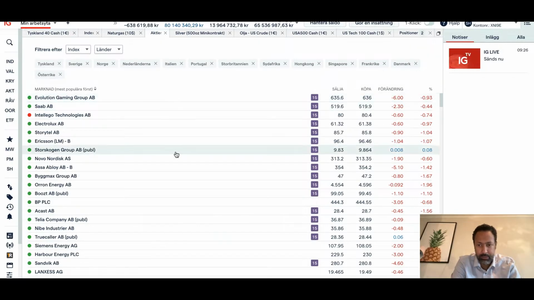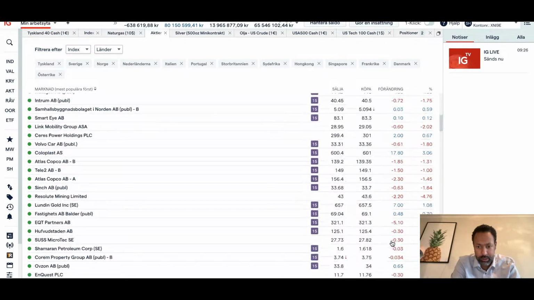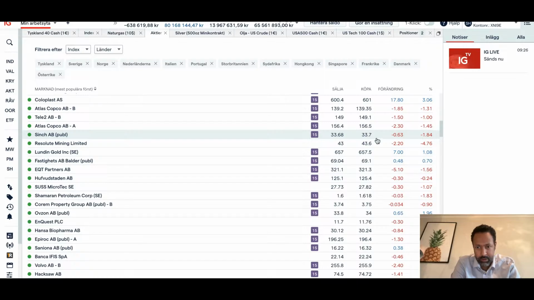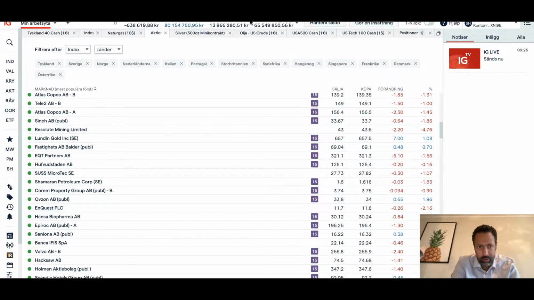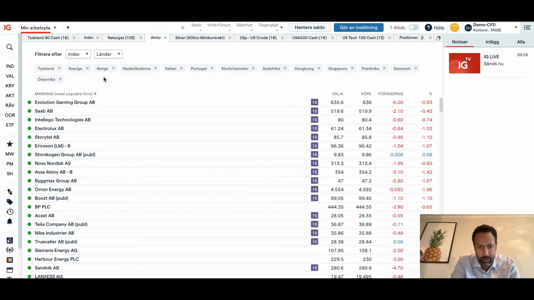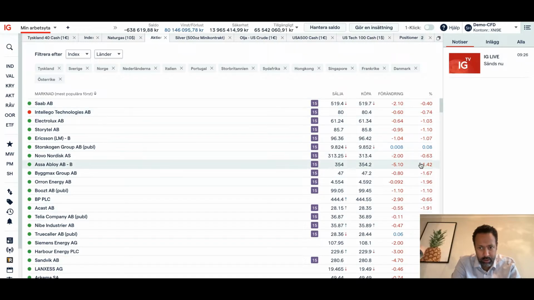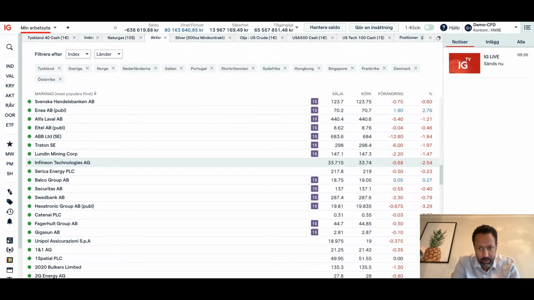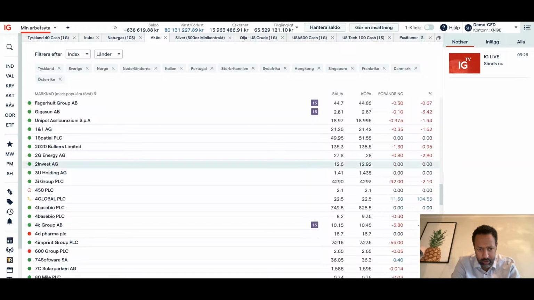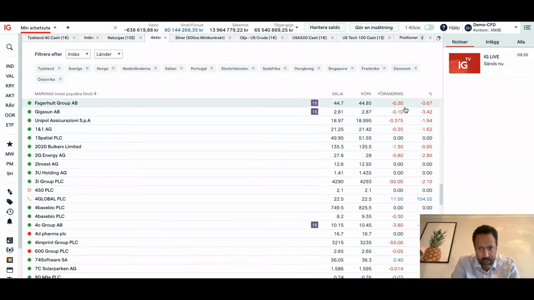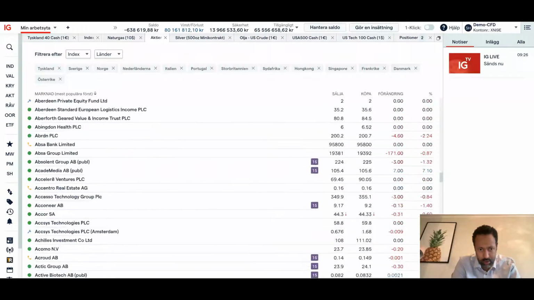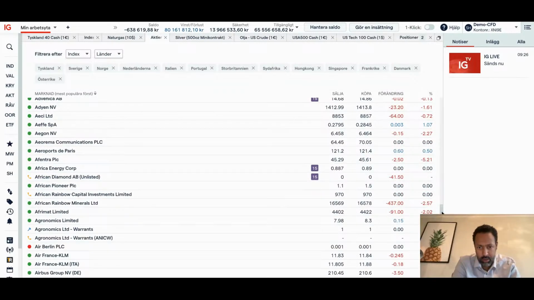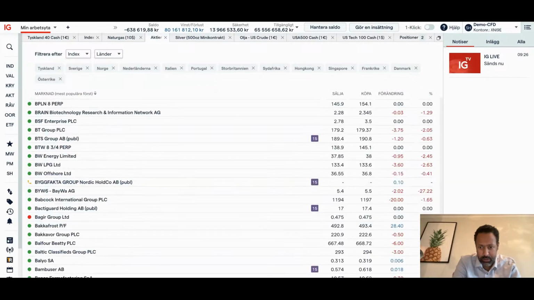Let's see if there's some action somewhere. Any stocks that are resolute mining limit. Trading European stocks can be pretty dead.